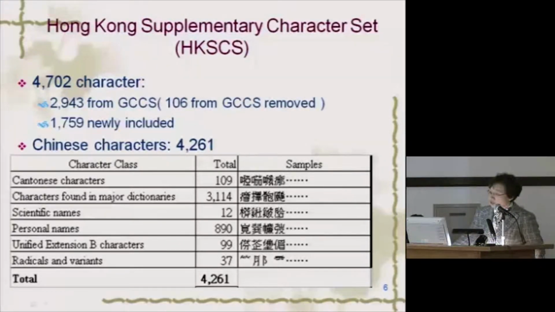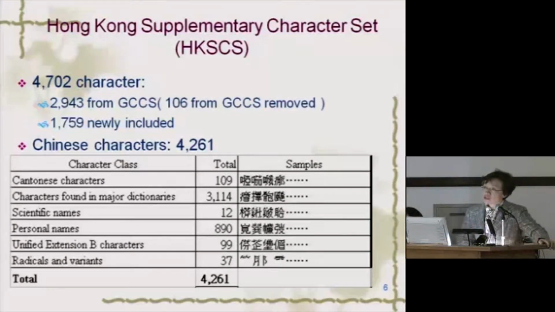There are also some other scientific names, new materials and things like that. There are also some personal names that we consider widely circulated, for example, we use this example in China.